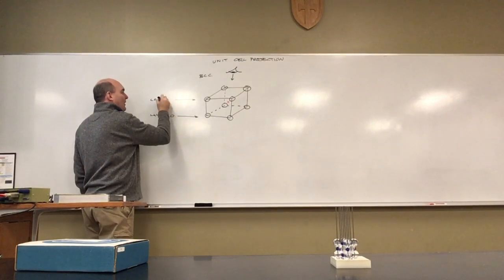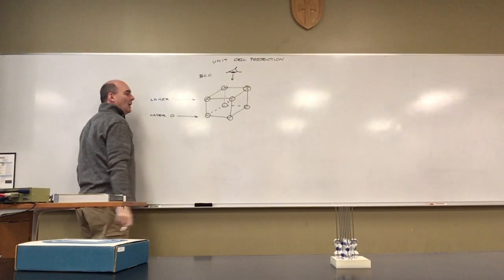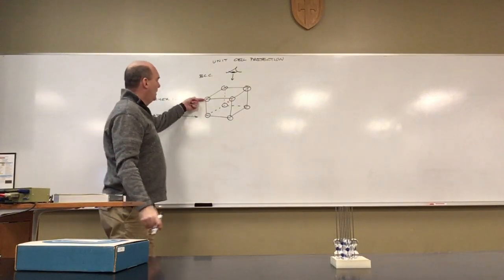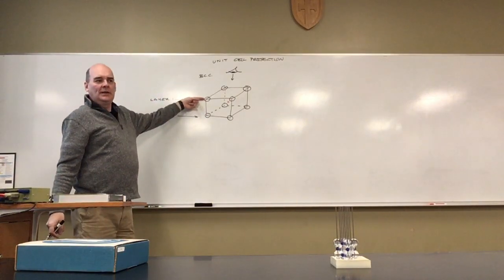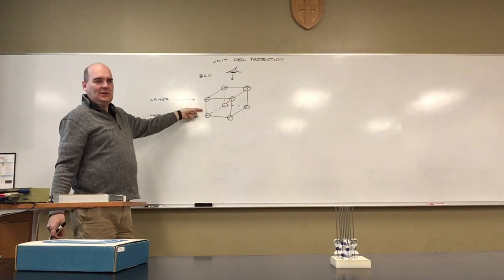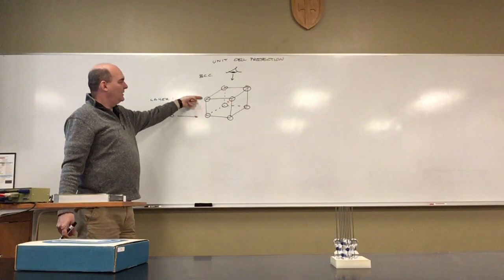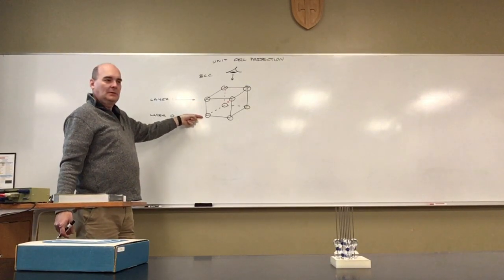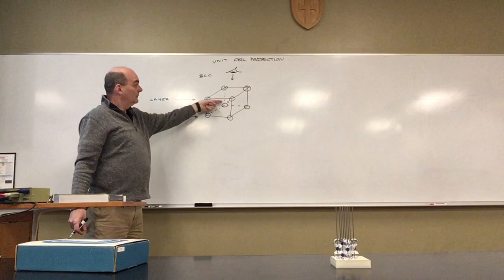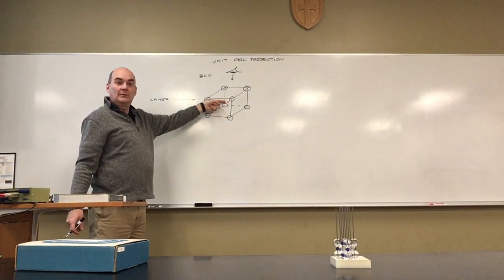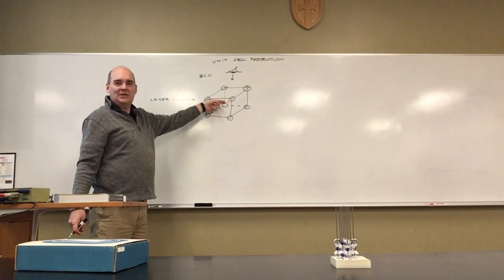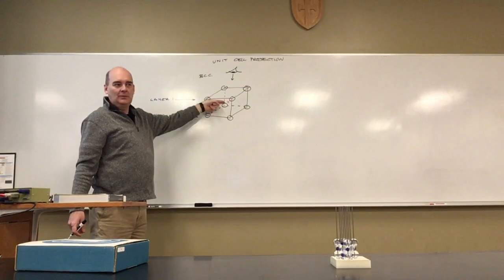The thing closest to your eye is layer 1. Between layer 1 and layer 0, there really isn't anything going on, except there's a cation bang at the center of the cube.